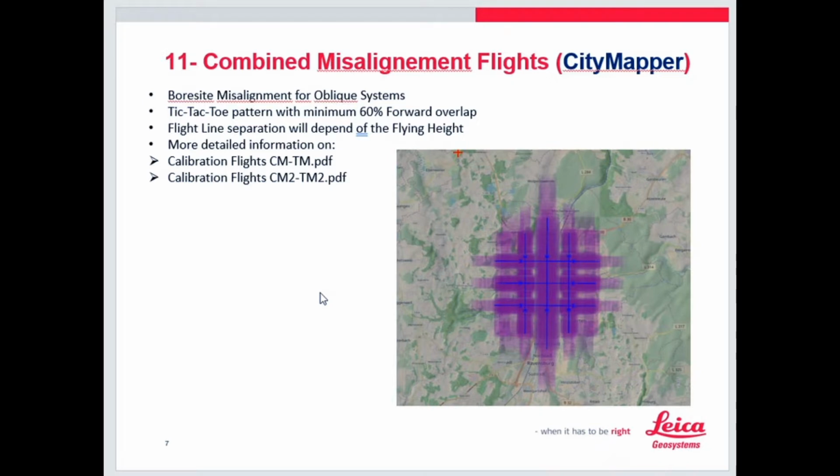So fewer pulses means lower density, but you increase the range gate. And with a higher number of pulses in the air, you have more points per square meter, but your buffer, your range gate, will be smaller.